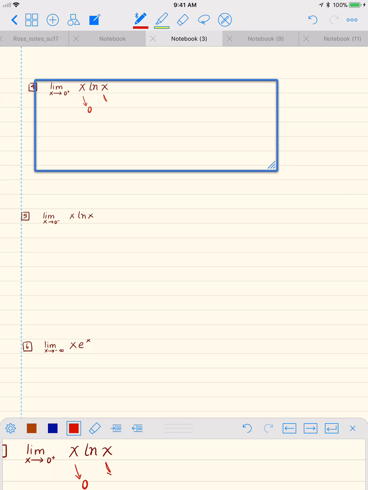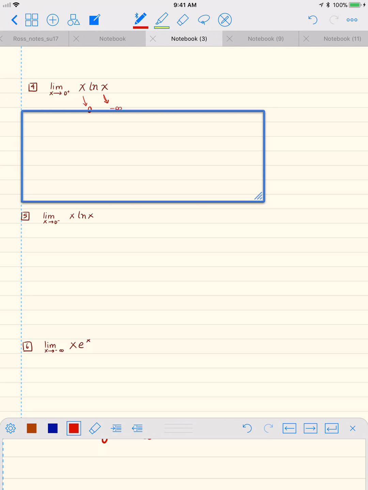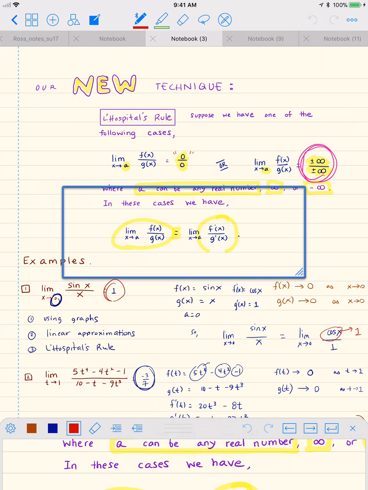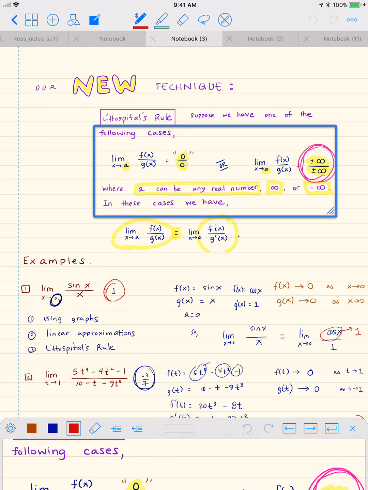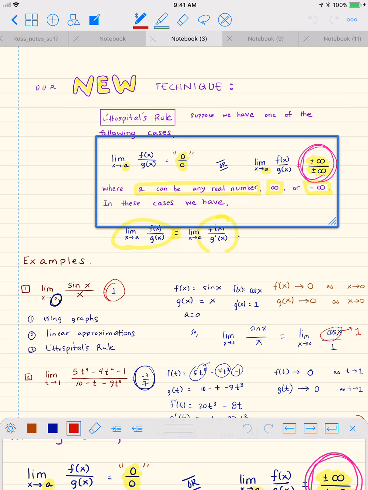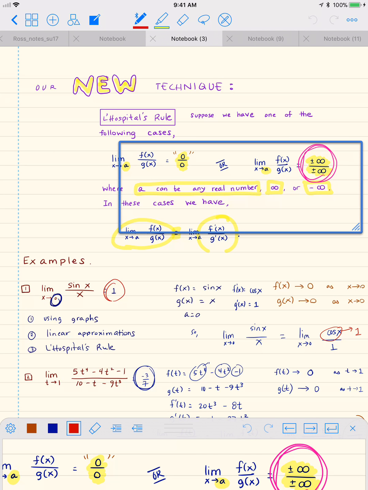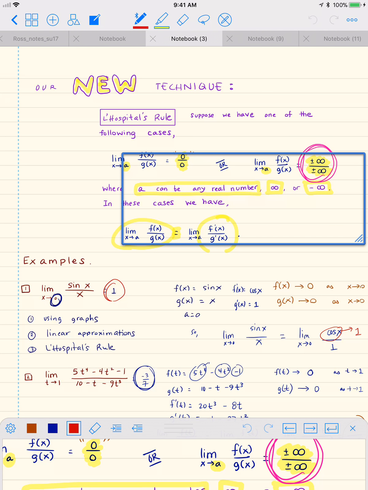Natural log of x is going to approach negative infinity. So our indeterminate form is zero times negative infinity. This is not one of the forms that's listed in L'Hopital's rule. It's supposed to be 0 over 0 or plus or minus infinity divided by plus or minus infinity.